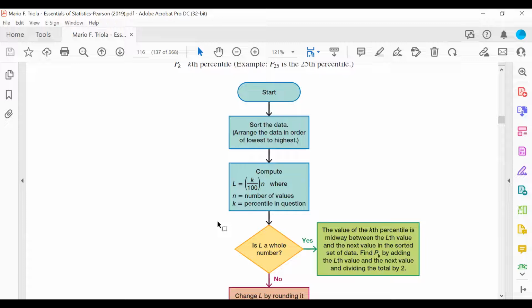For step 3, if the L value that you compute ends up being a whole number, if L is a whole number, you are going to count, starting at the lowest value on the list, L spaces, get that value, and find the average of that value and the one after it.